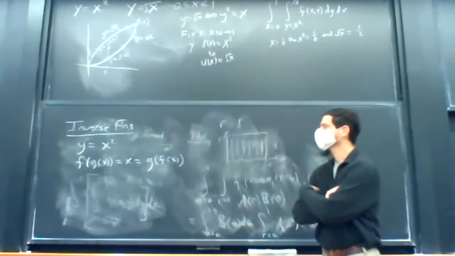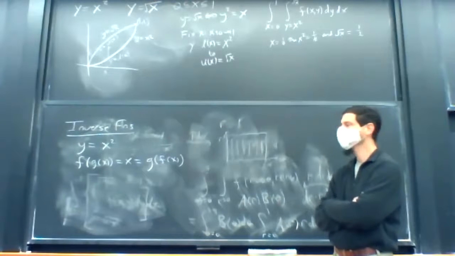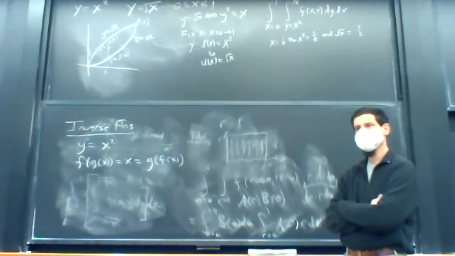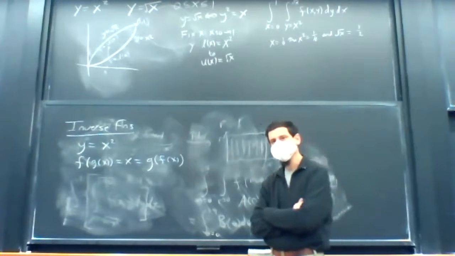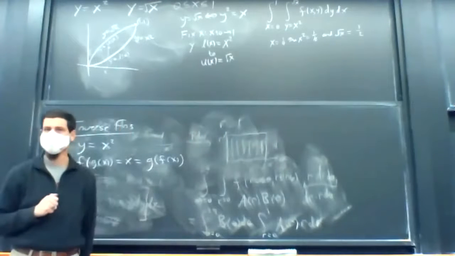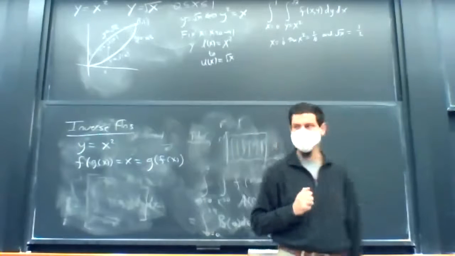And so I want to figure out what function will return me to x. What function will invert squaring? So what do you think the opposite of the squaring function is? The square root function.